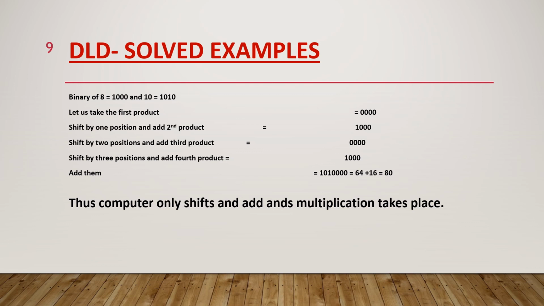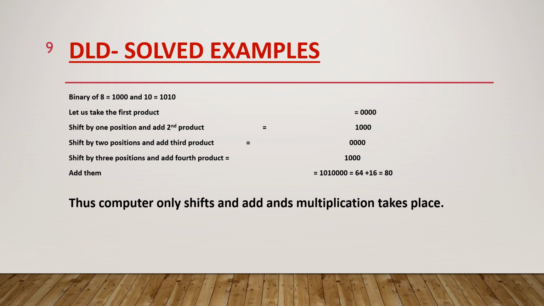But then we shift it on the left hand side, which we are familiar with as far as our normal decimal multiplication is concerned. In the third stage, we multiply 0 with 100, and it is again 00, and then of course we shift by 1 bit, and similarly the fourth bit of the multiplier is multiplied with 1000, and we place it there and change the position on the left hand side by 1.